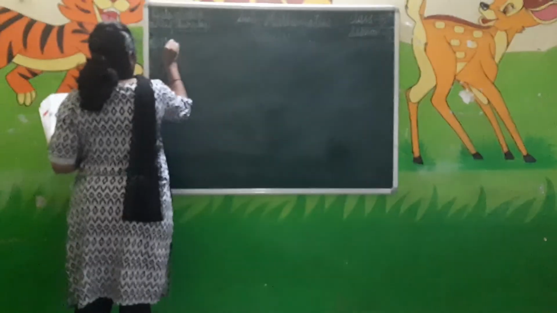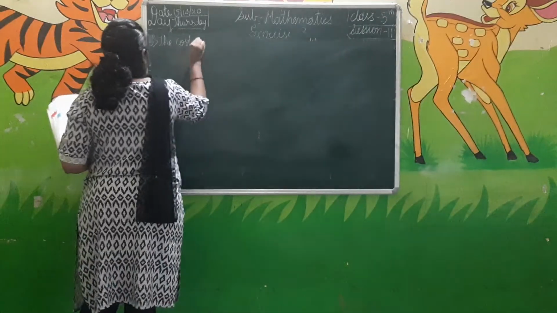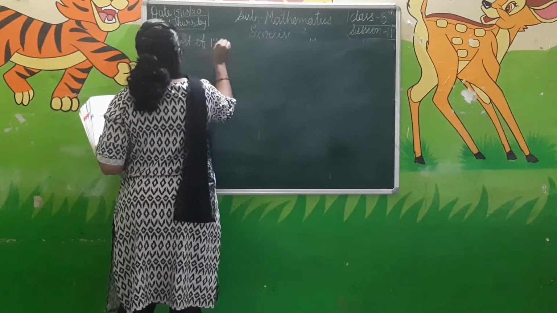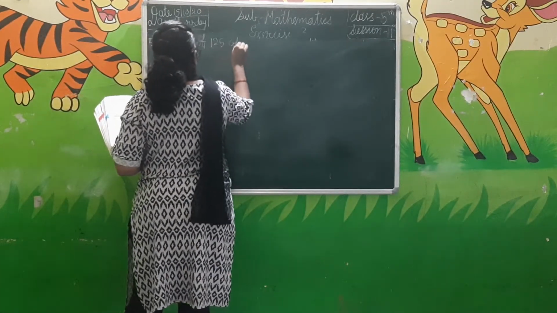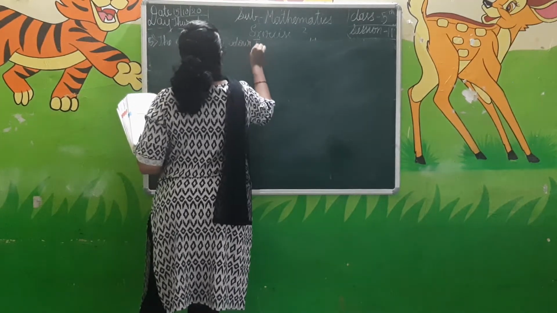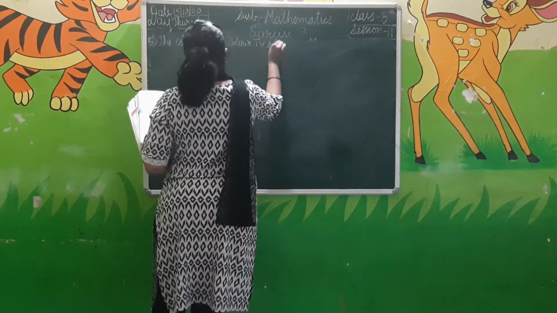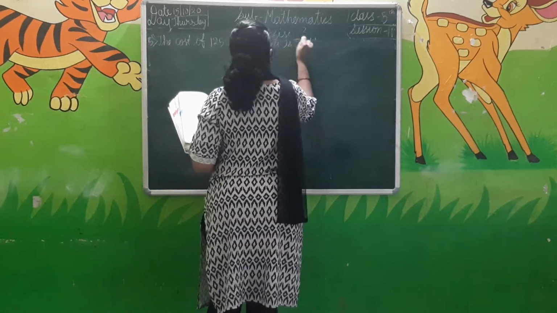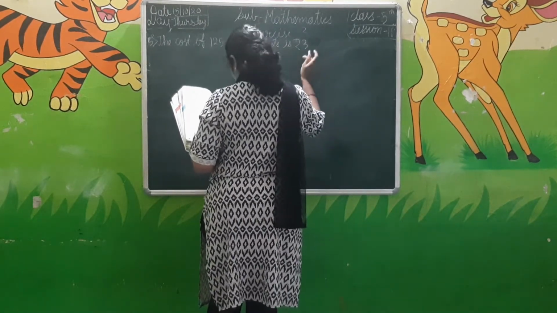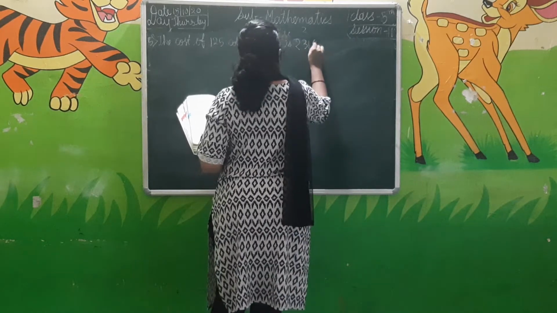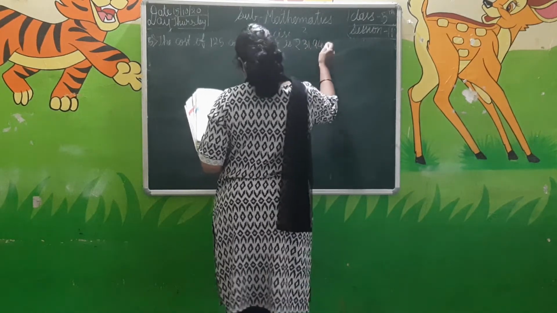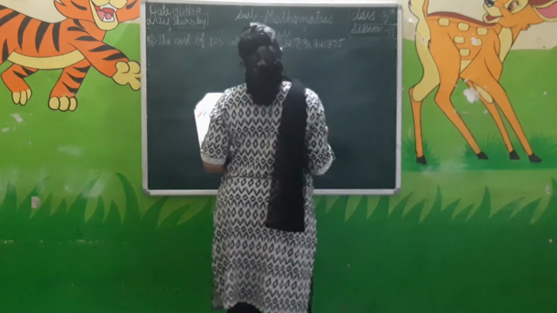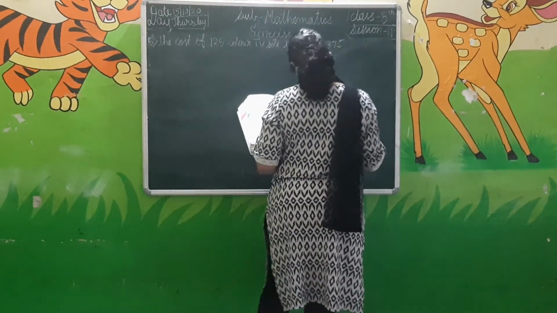The cost of 125 color TV sets is rupees 31,94,375. Okay, this is the cost of 125 color TV sets.